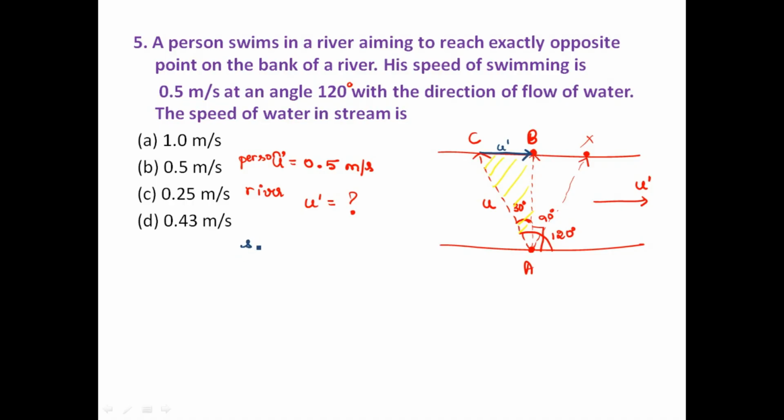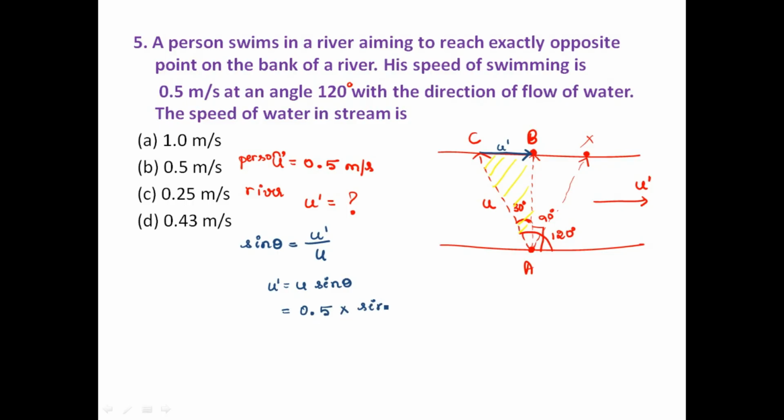What is sine theta? Sine of an angle theta is opposite side by hypotenuse. What is the opposite side? u dash. The hypotenuse is u. u dash is equal to u sine theta. u is equal to how much? We have written it to be 0.5.